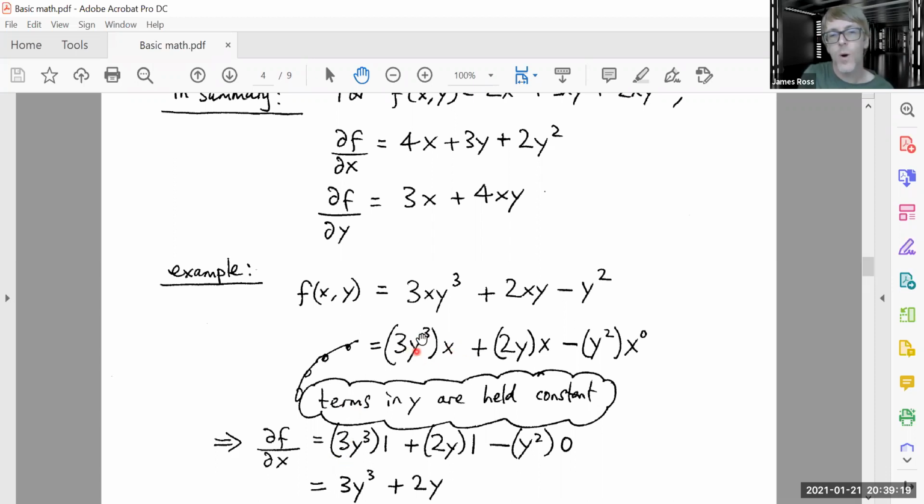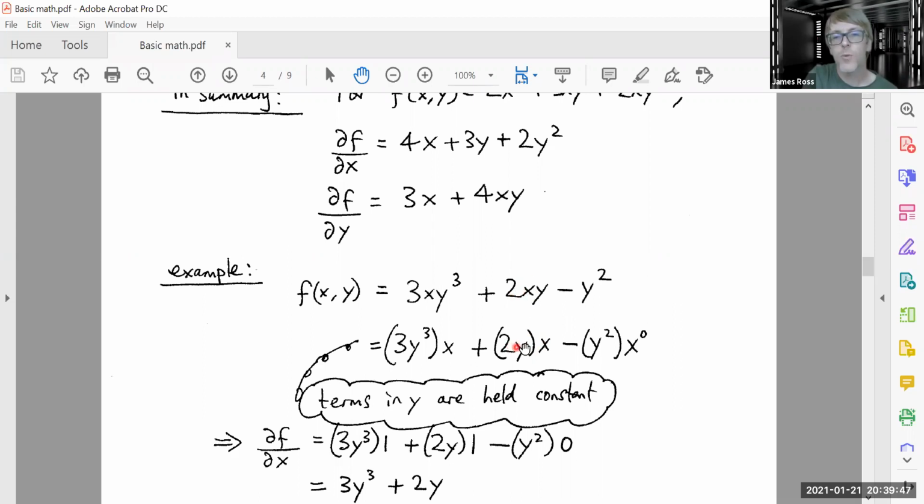So 3y cubed, and let's keep the x alone because it's just x. 2xy we can write as 2yx because they commute. You can flip the order.